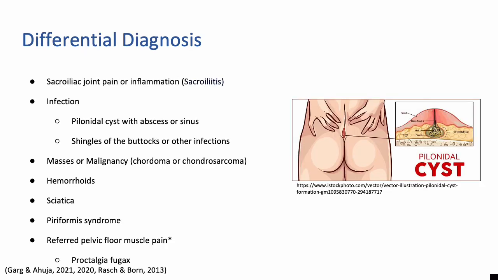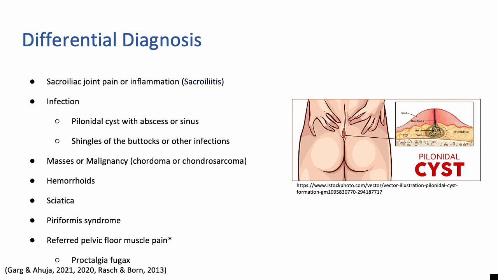So some things we need to rule in and rule out when it comes to the coccyx area are sacroiliac joint pain and inflammation, infections. So over here on the right, I have a picture of a pilonidal cyst, which can cause an infection that's usually caused by an ingrown hair or skin debris getting trapped in an abscess or sinus.